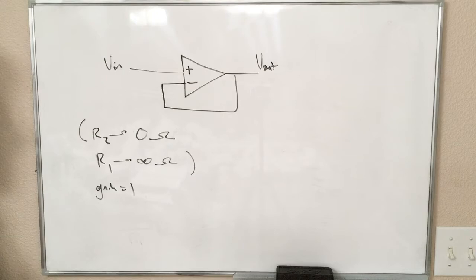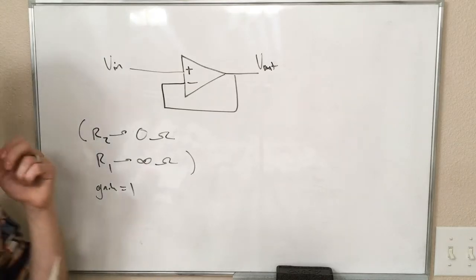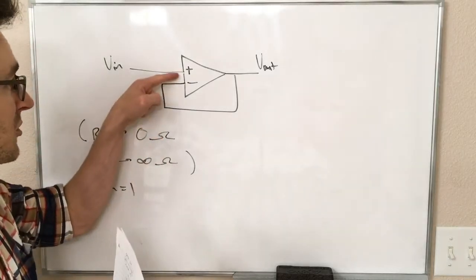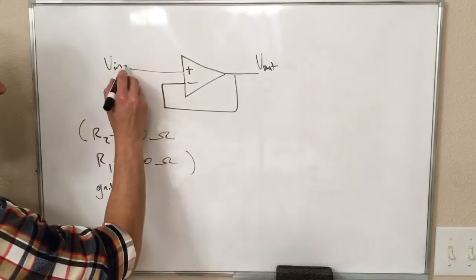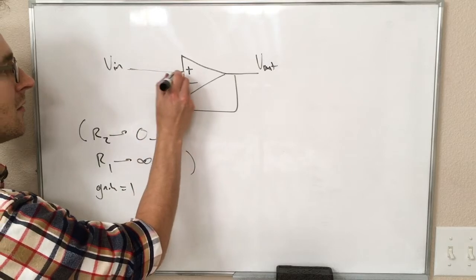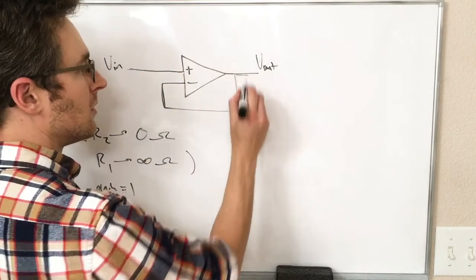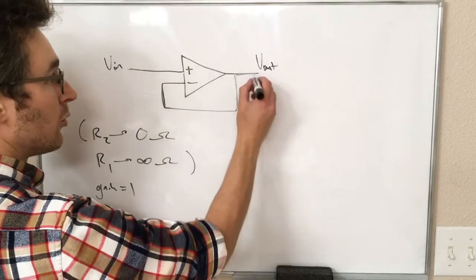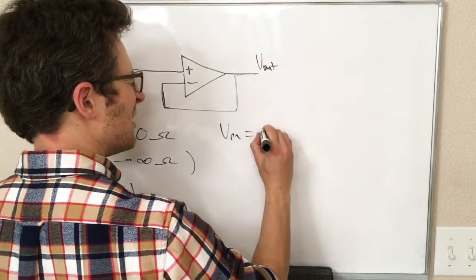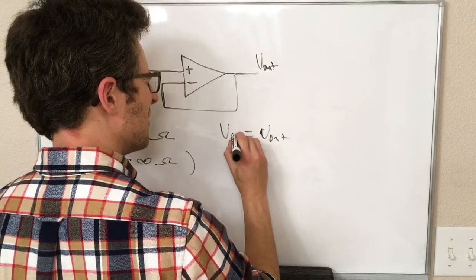Is there another way we could see this gain of 1? Well, yeah, our golden rules, right? Our op-amp wants to make these two voltages the same, and those two voltages are Vin, and this voltage is just equal to Vout. So our golden rule tells us that Vin is equal to Vout.